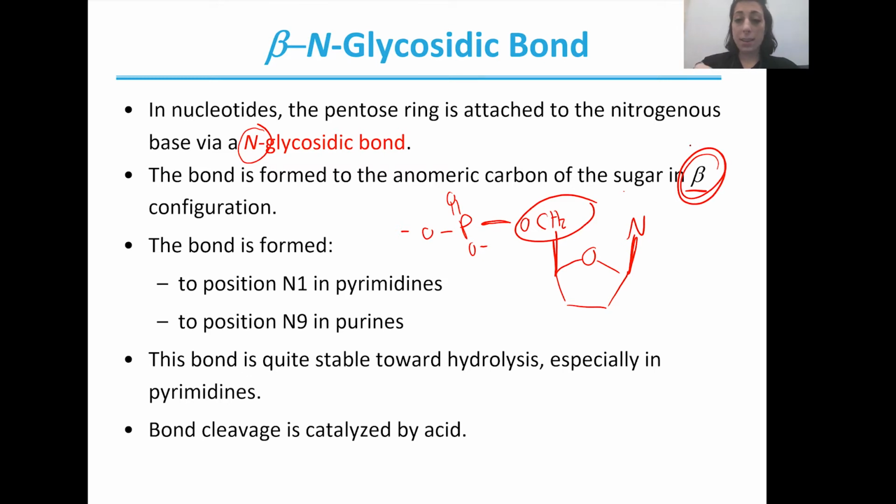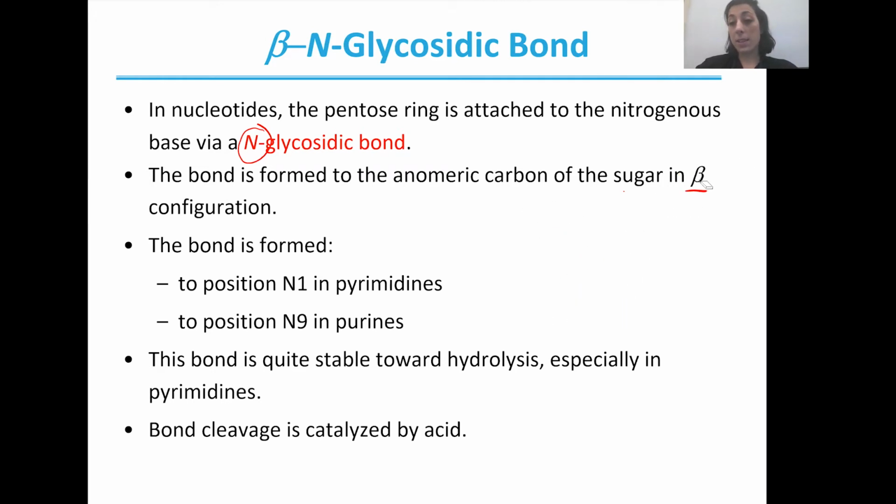Now again, this N-glycosidic bond attaches to a particular point on the pyrimidine versus the purines, and that's either the N1 position on a pyrimidine or the N9 position on a purine.